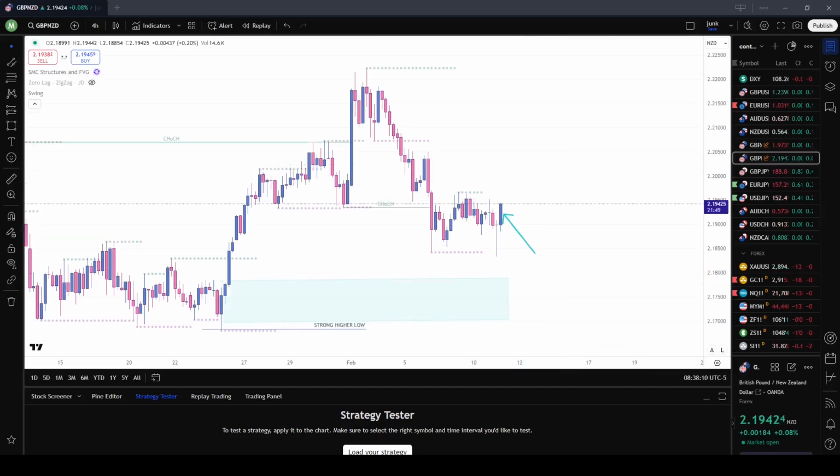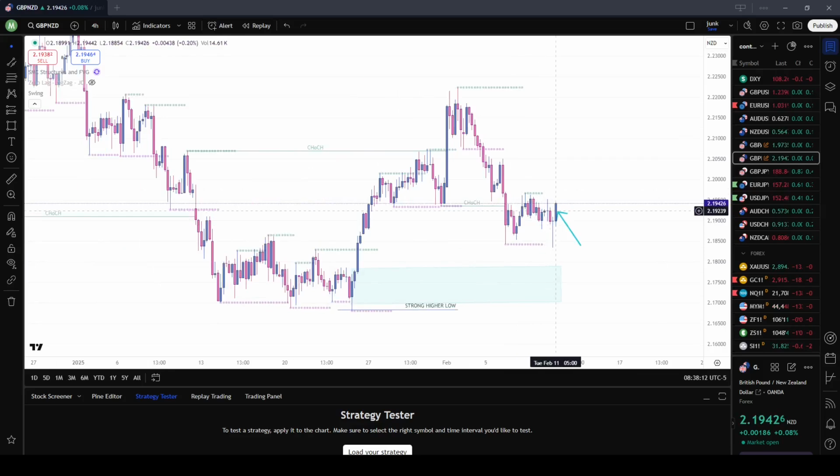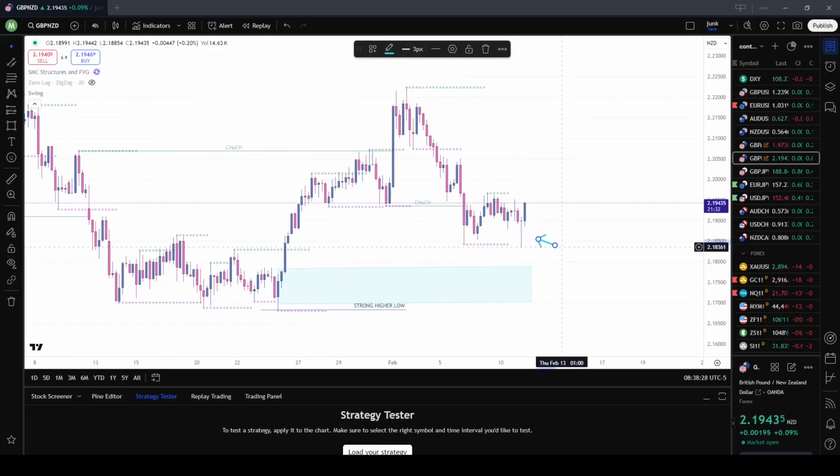I've been saying with GBP NZD, it was the same situation. Similar chart. This, from the daily perspective, went back into discount, traded up, retraced back. This is also the demand zone from. It looks similar to GBP AUD.